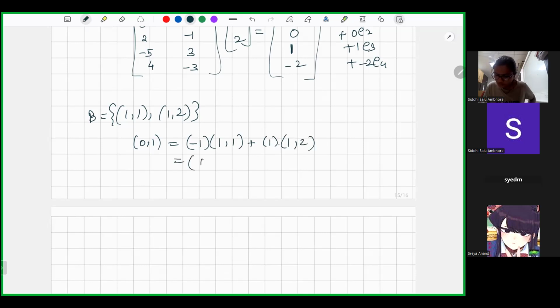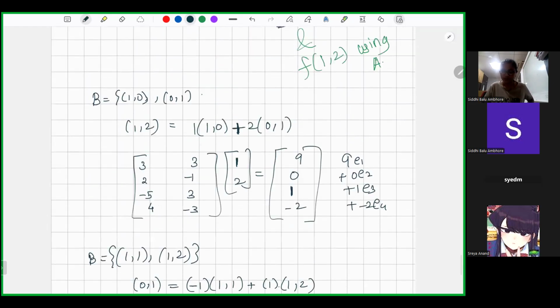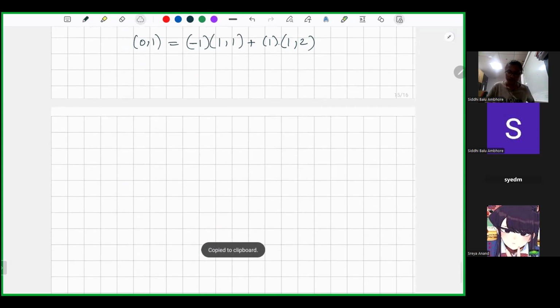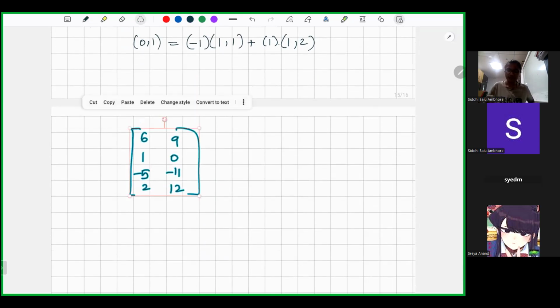Because this will give me 0, and 1 minus 1 will be 1. So this is minus 1 1. And now I am calculating this using this matrix. I hope this is not confusing, what I'm trying to do here.